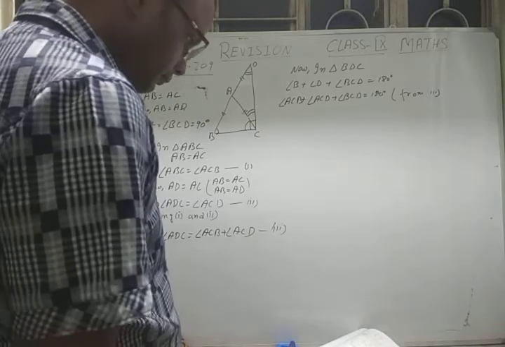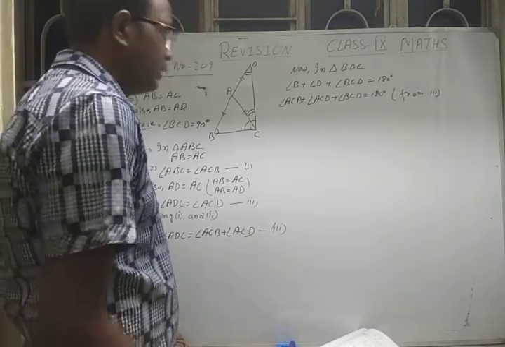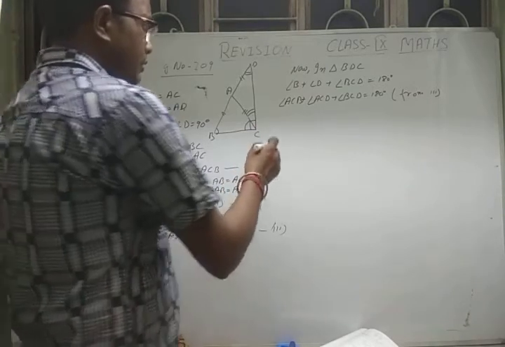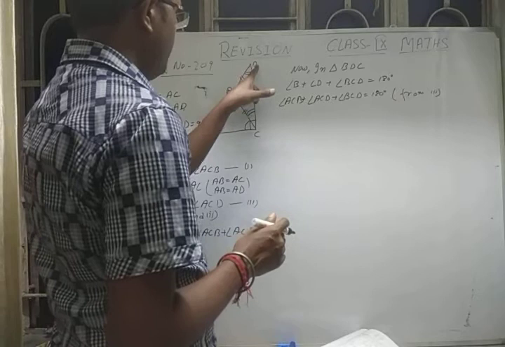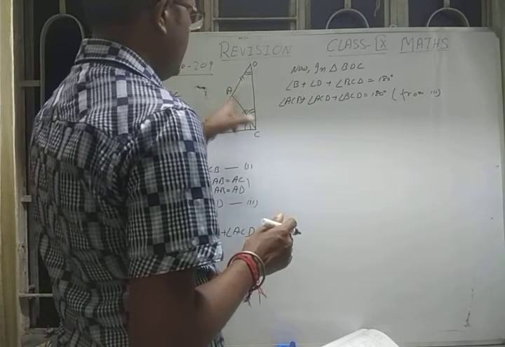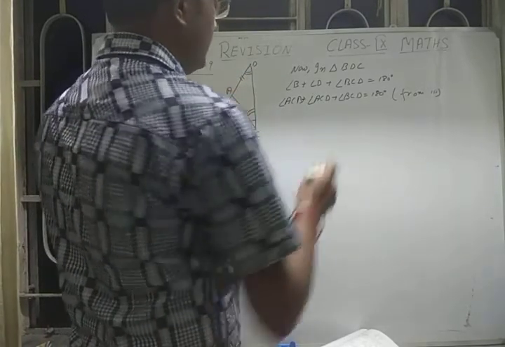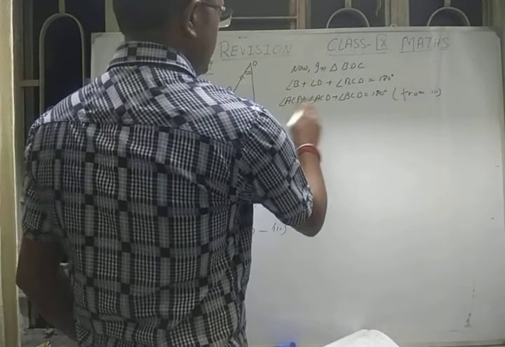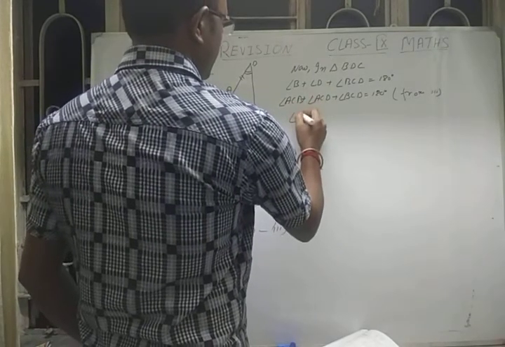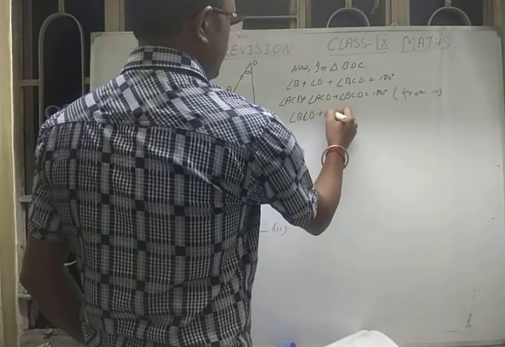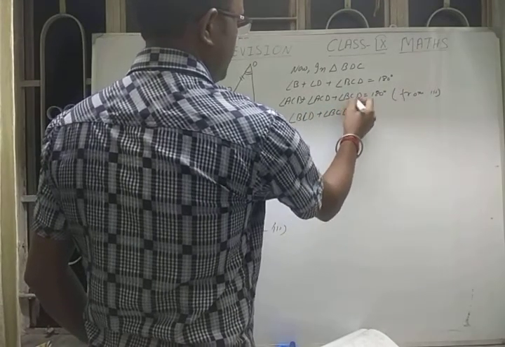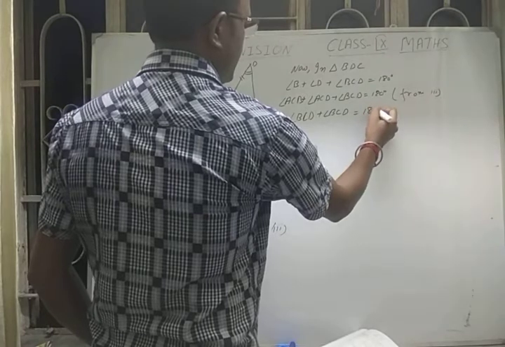Now we will get ACB and we have angle ACD. In this place we can write angle BCD plus angle BCD. Again we have BCD is equal to 180 degrees.